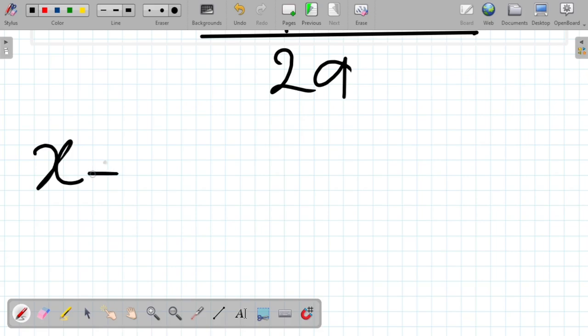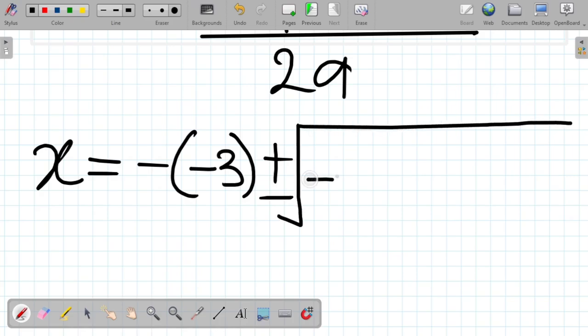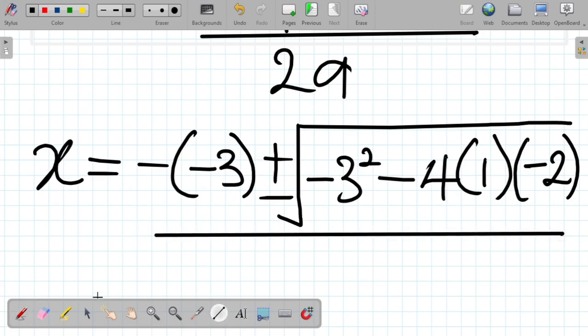So x is equal to minus b, which is negative 3, plus or minus square root of negative 3 squared minus 4 multiplied by a, which gave us 1, and then c gave us minus 2, all over 2 multiplied by 1.